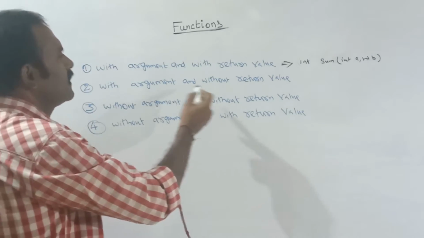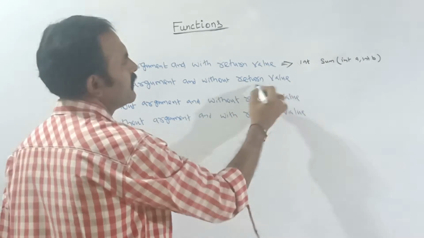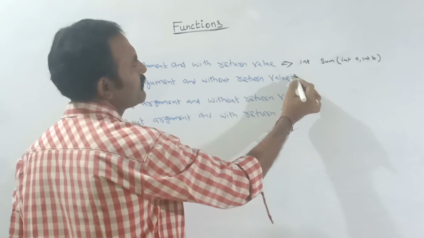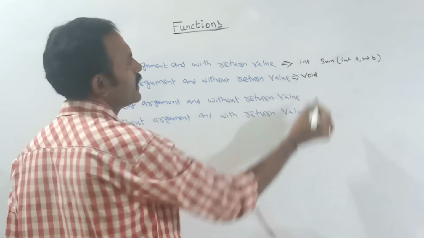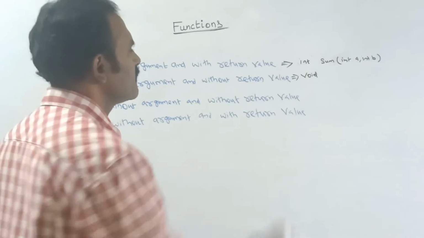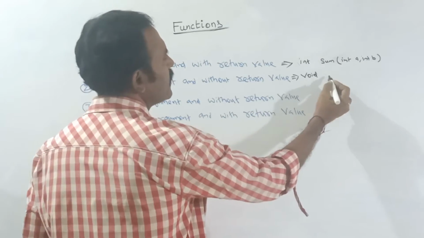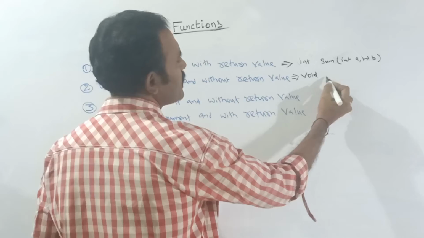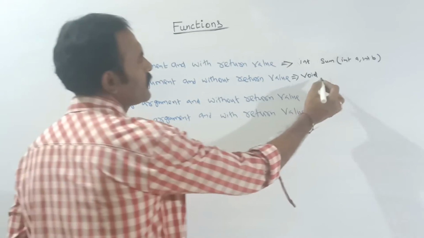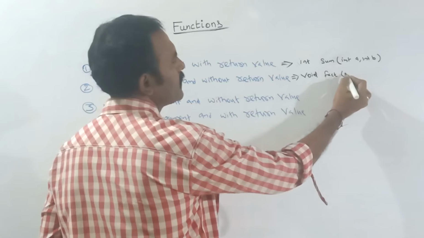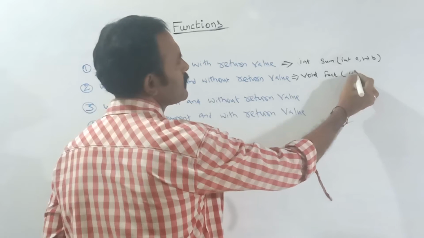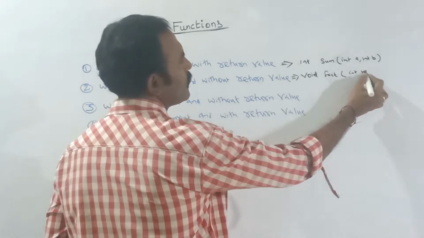Here, with argument and without return value. Without return value, we can declare it as void, because a function which has void will not return any value. In the same way, for example, to find the factorial, fact, inside we pass an integer number.